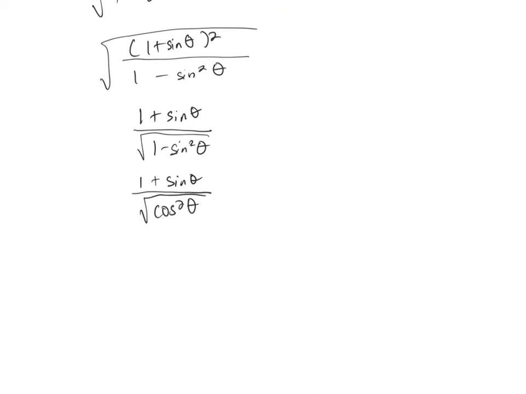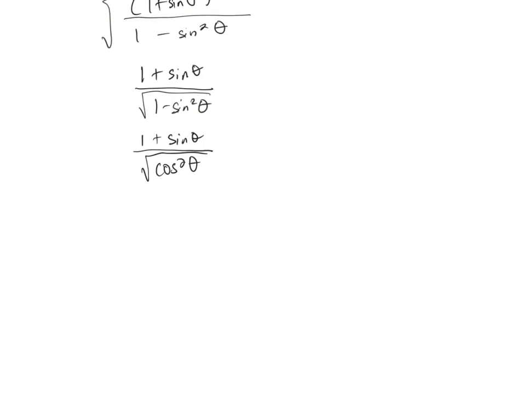The square root of cosine squared of theta is just cosine of theta, but we are going to give it the absolute value, because remember, when we square root a function when we don't know the variable, it could be positive, it could be negative, but we're going to assume it has to be positive in this case, because we're dealing with the Pythagorean identities, and those come with the distance formula, so they have to be positive.